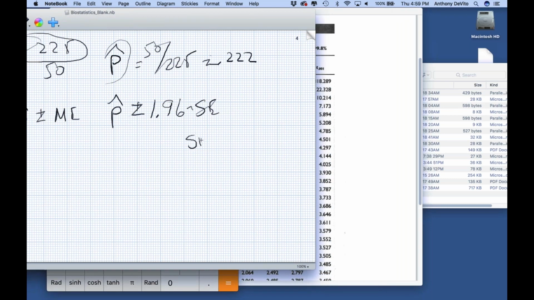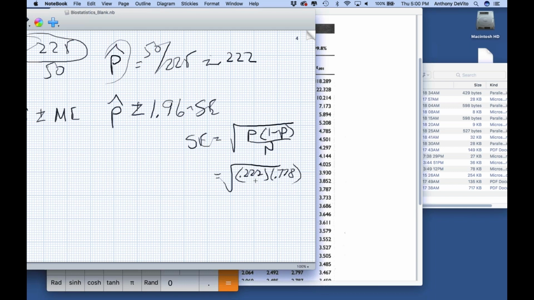So now let's calculate the standard error. The standard error for proportions is equal to the square root of p times 1 minus p, over n. In this case, it's the square root of 0.222 times 0.778. Is that right? Add those two together, carry the 1, yeah, I think that's right.